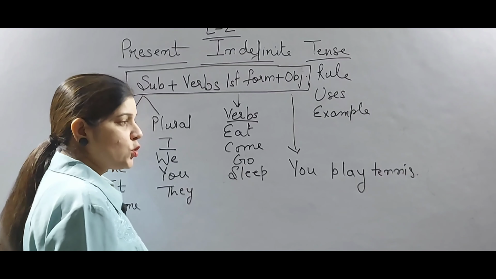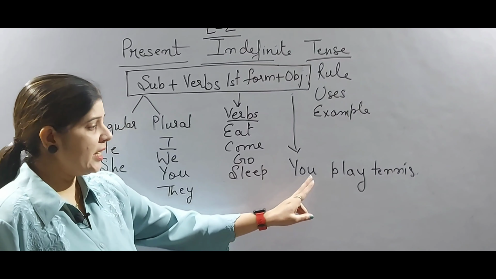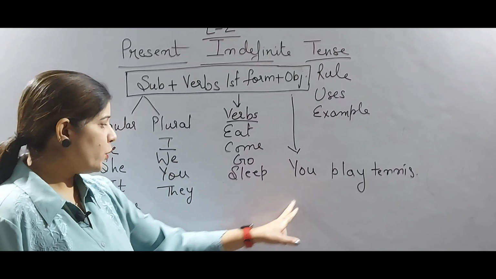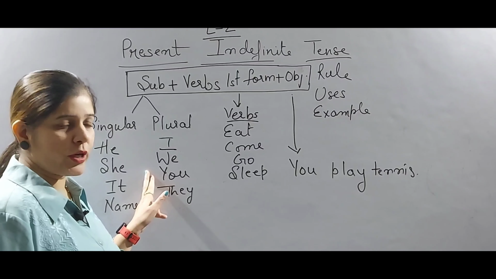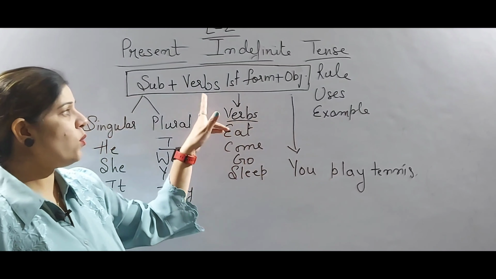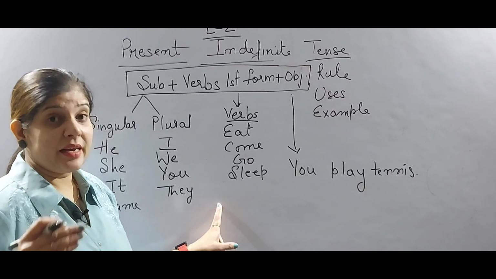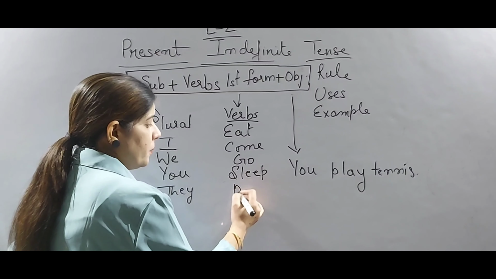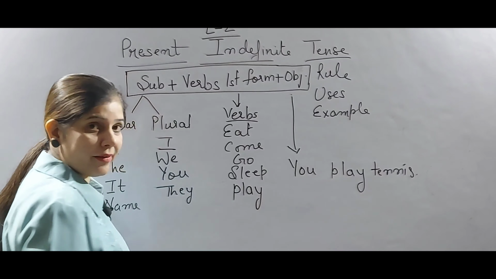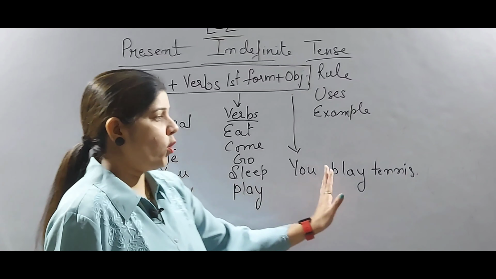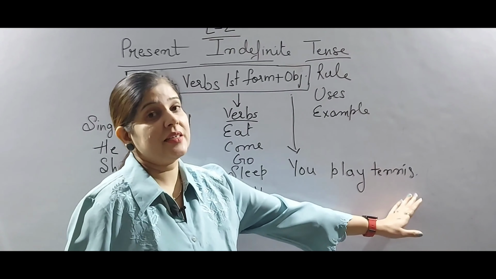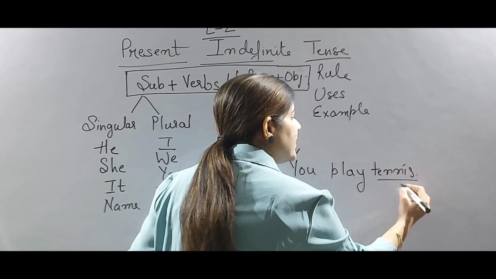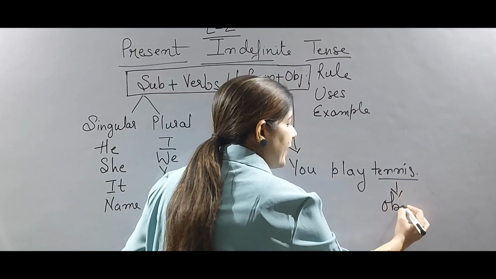Right, students? So here you can see, you is the plural subject. Play is a verb. Play is an action, so it comes under verb. After that, whatever is remaining, that is the object in a sentence. So this is the object.